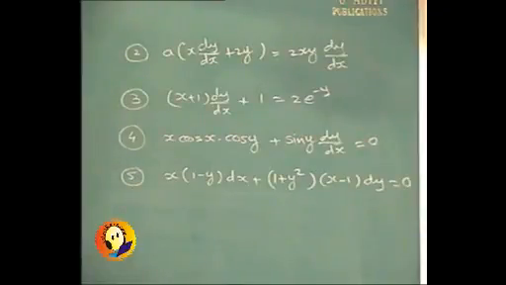Fourth, it is x cos x into cos y plus sin y dy by dx equal to 0. And the fifth one, x into bracket 1 minus y bracket complete dx plus into bracket 1 plus y square bracket complete into another bracket x minus 1 bracket complete dy equal to 0.